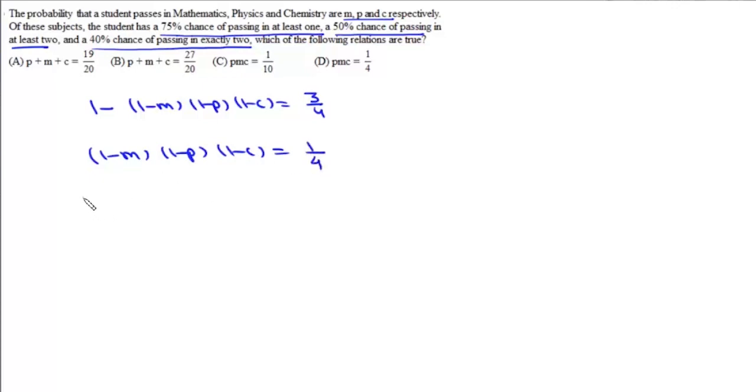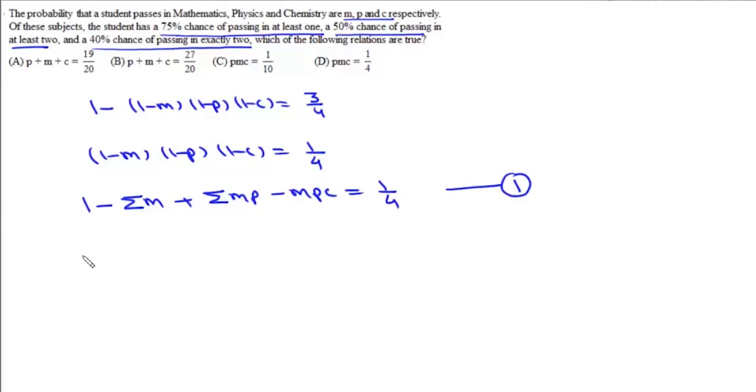Now we multiply it, we'll write 1 minus the summation M plus P plus C, and then plus the double summation M into P, and then minus M into P into C, and this value is 1 by 4. And this is the first equation. Now the second one says 50% chance of passing in at least 2.